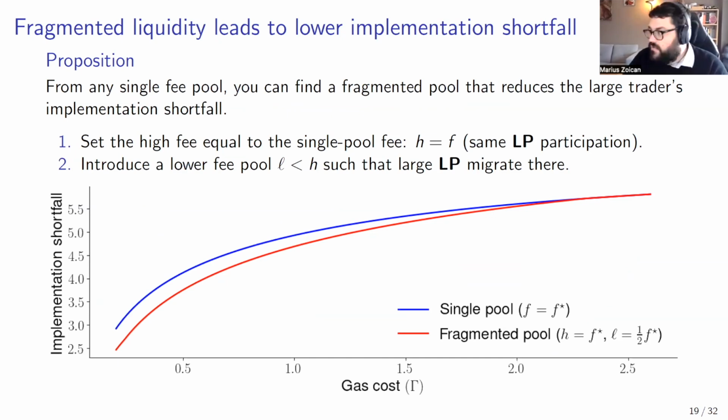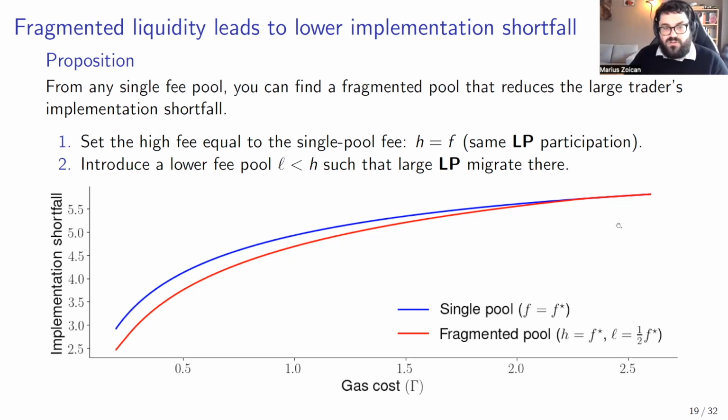They're just going to go to the high fee pool, and then you set a low fee that's somewhat lower than that, right? So by setting H to F star, you're fixing the optimal participation. And by creating another pool with a lower fee L, you are allowing for potential competition. Some of the larger LPs would just migrate to that pool, right? So you can see here that as you increase the gas costs, the implementation shortfall in the fragmented pool is always lower than on the single pool.